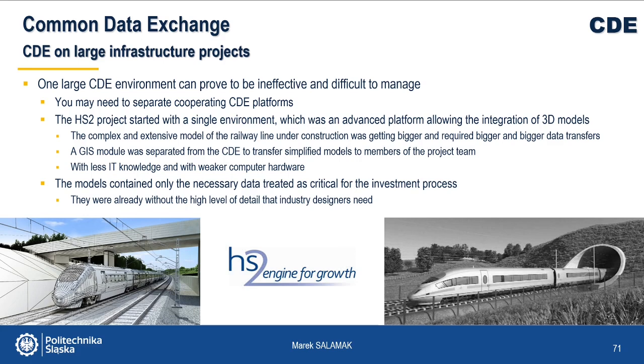These models contained only the necessary data, which were considered critical from the point of view of the formal requirements of the investment process, but without the high level of detail that designers of individual industries require.